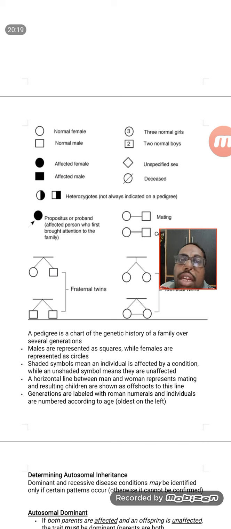If it is 3, it is considered 3 normal girls, and a square with a number inside, say 2, is considered 2 normal boys. If it is diamond shaped, it is unspecified sex, meaning their sex is not known. And a circle with a cut through it is known as deceased, meaning the person is no more.